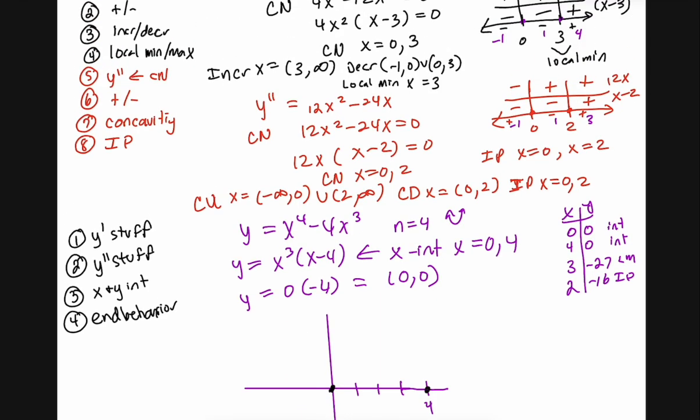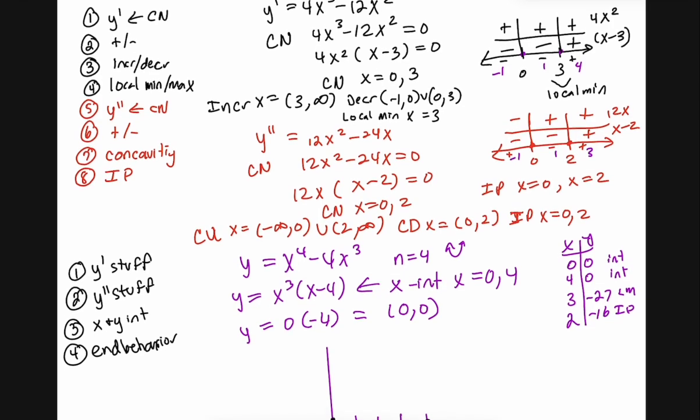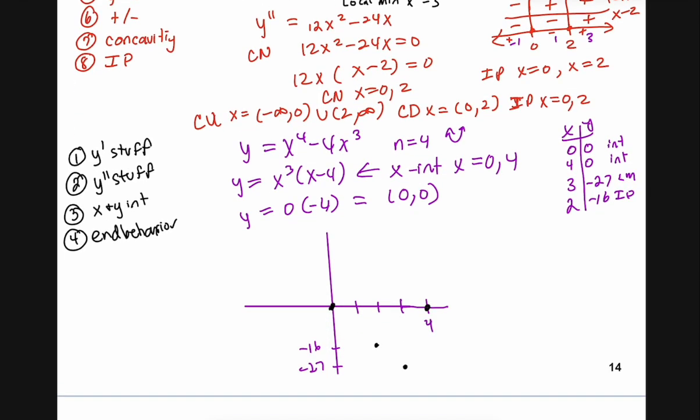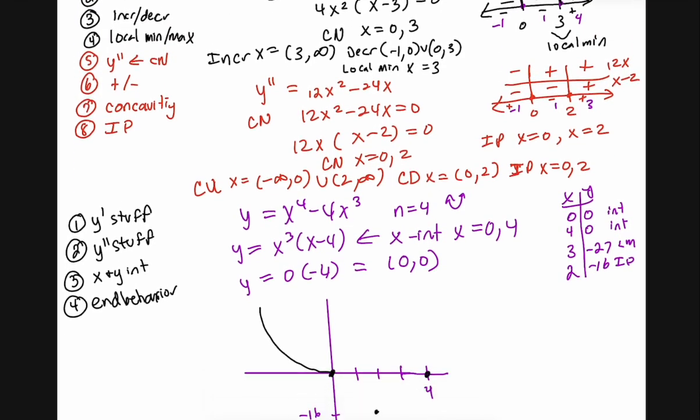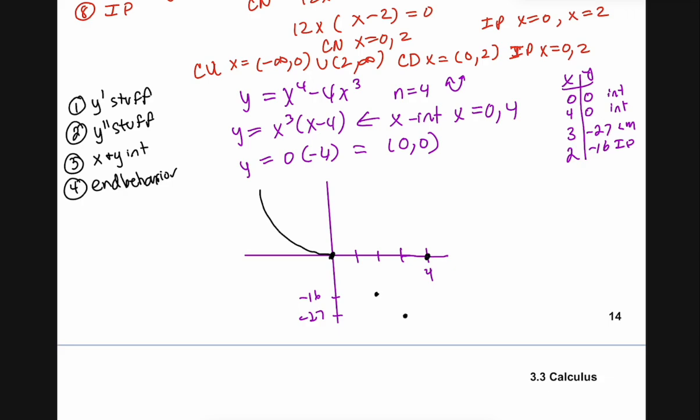So it is decreasing there, and it is concave up. So it's going downhill, and it is concave up. There's a change in concavity at 0, and then it changes again. It's concave down between 0 and 2, and it is still decreasing from 0 to 2. But then it's concave up again, and that's the local min, and then it's going to keep going.